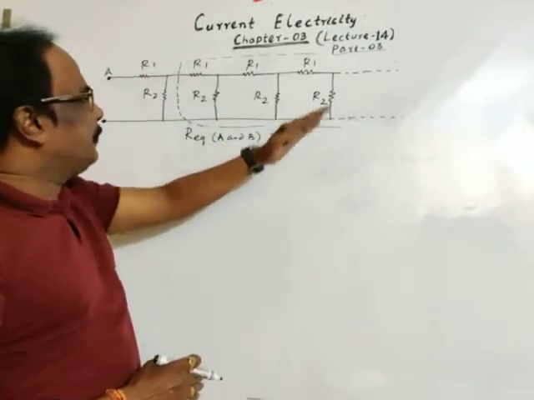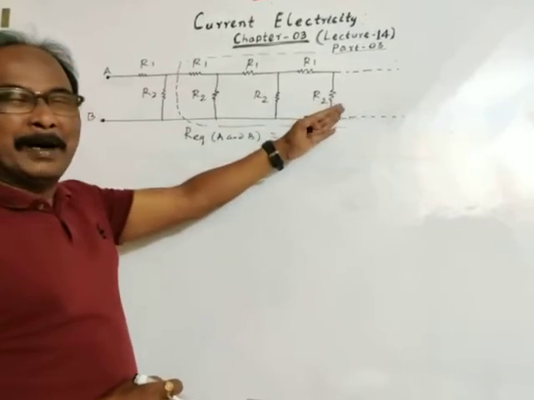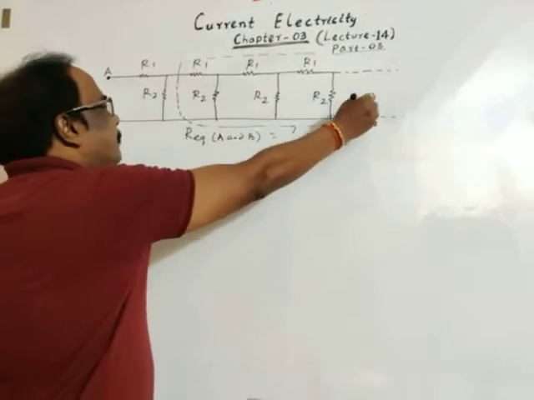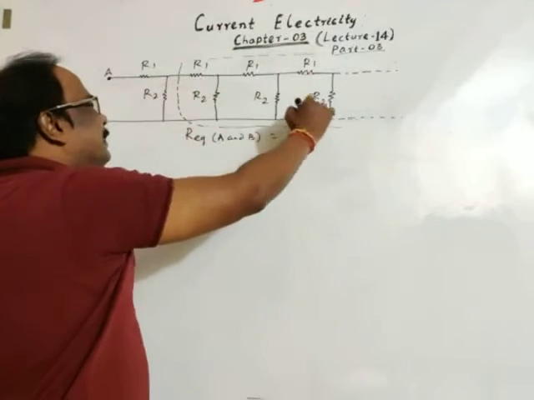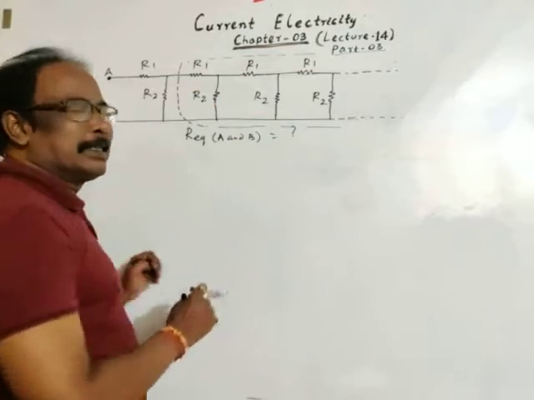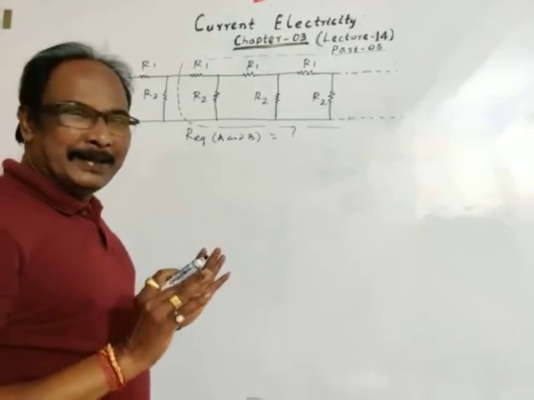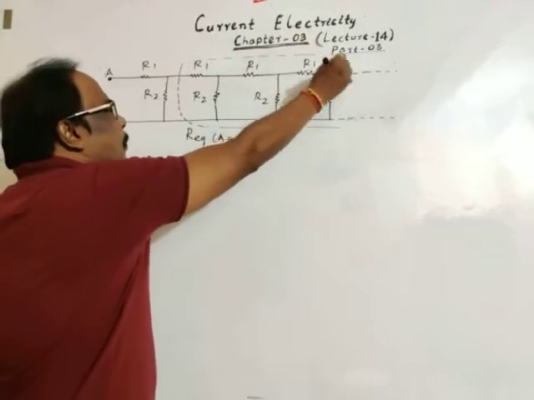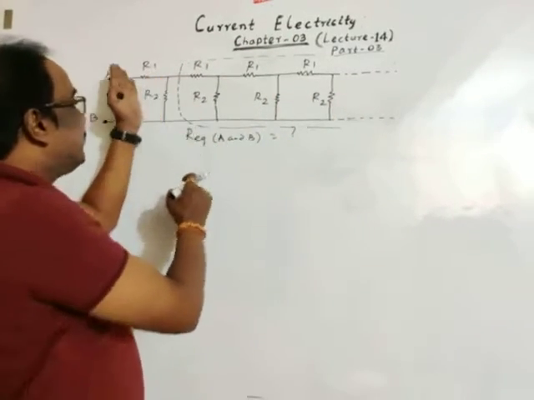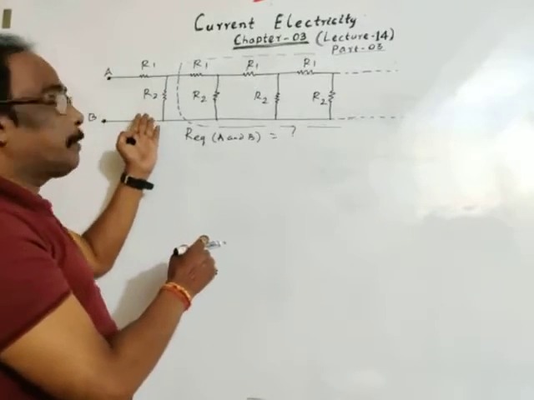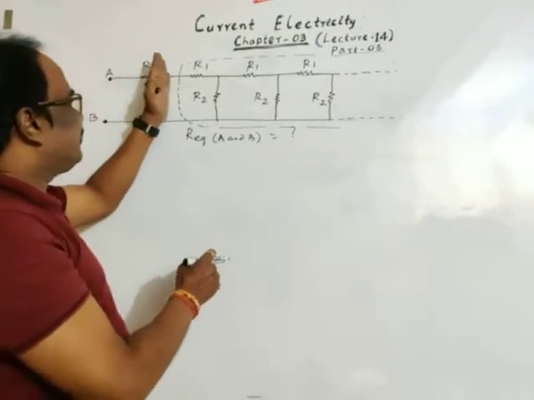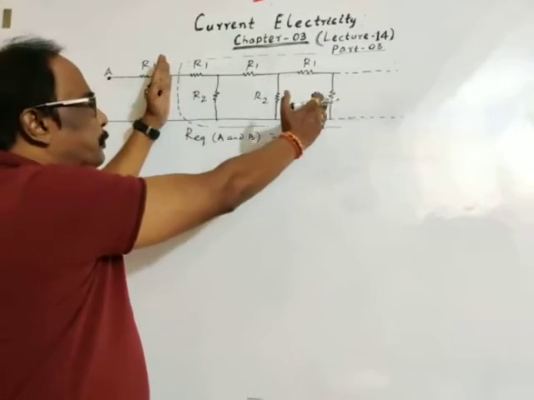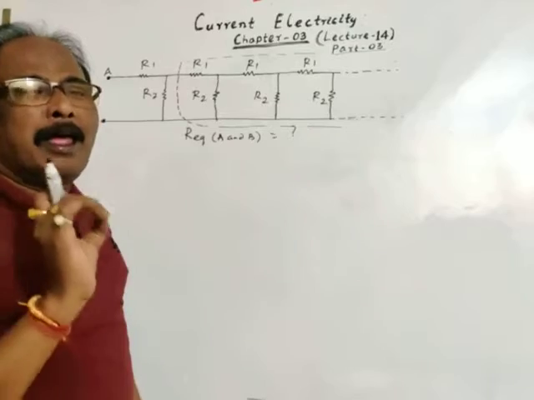Let the combination of all these resistors be X. So if we take the resistance of all these sets, except the first set, leave it and take the sets onwards, let the total resistance be X.